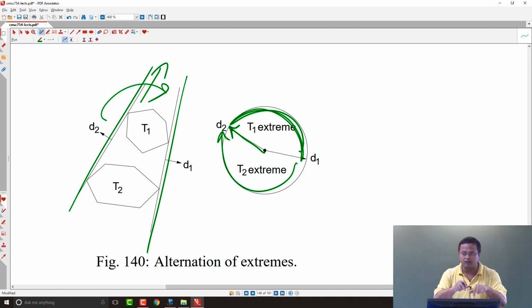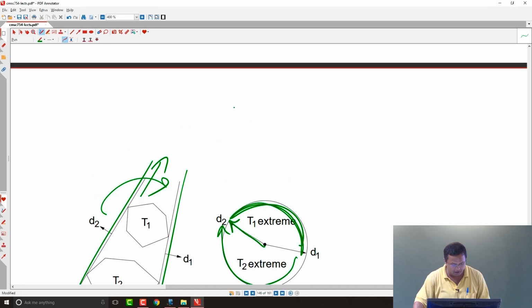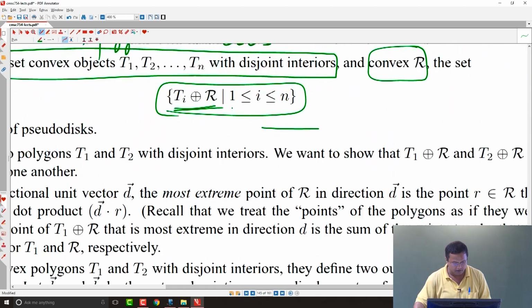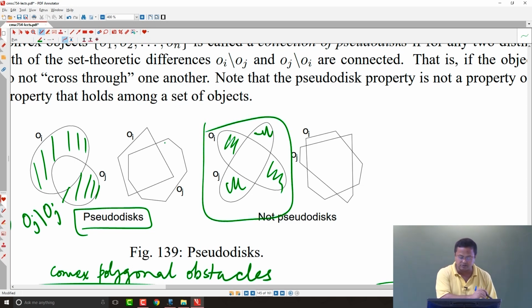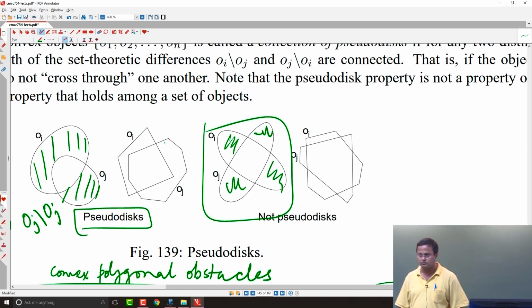Now, what you have done? You have taken the Minkowski sum of these shapes with another convex polygon, which was your robot. Okay. Now, say they are not pseudo disks, fine. If they are not pseudo disks, then they should intersect something like this, right.